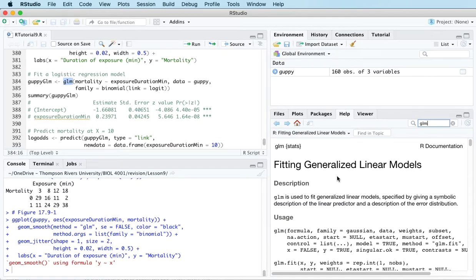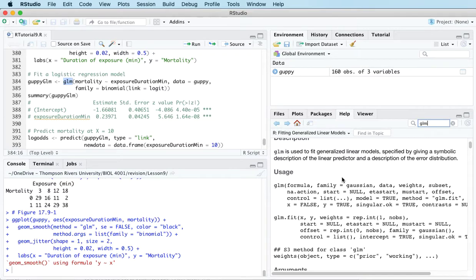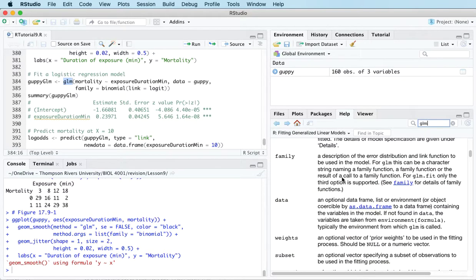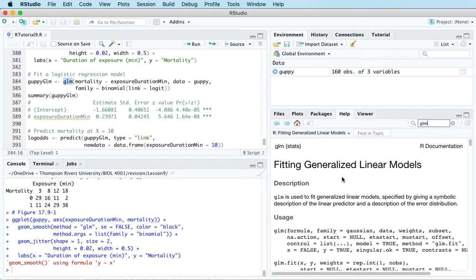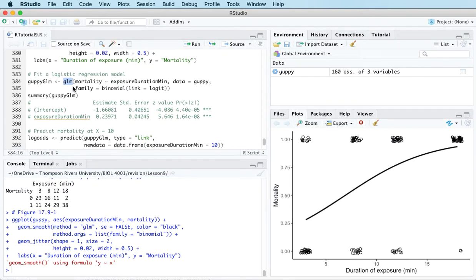GLM stands for Generalized Linear Model, and you can read all the details in the help function here. If by mistake we were to try and fit a linear regression model here and just use LM, we would get a regression equation representing a straight line.